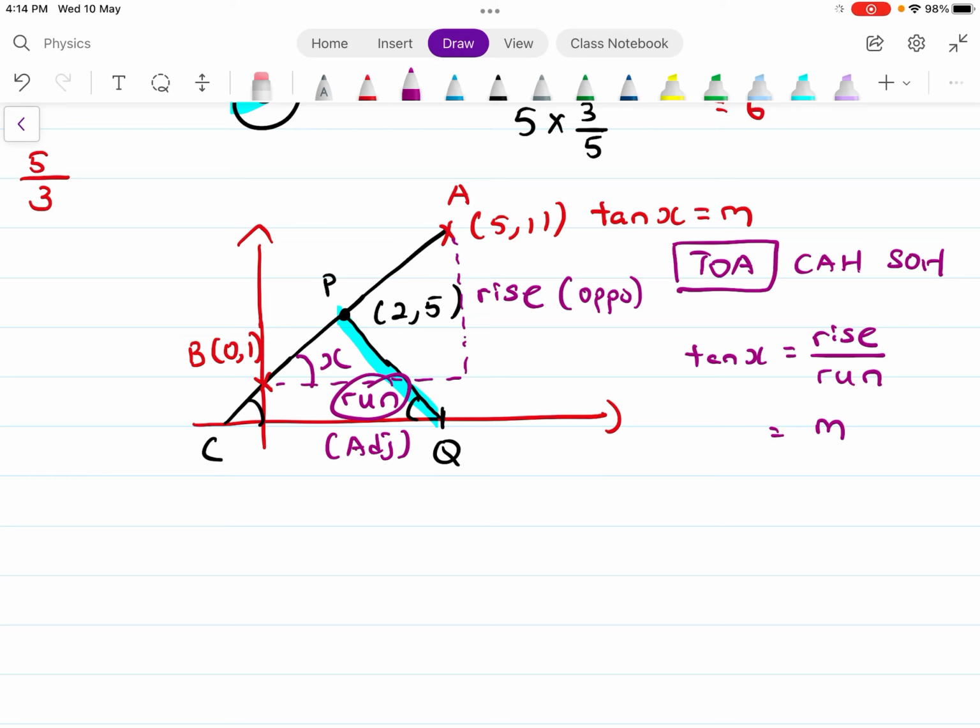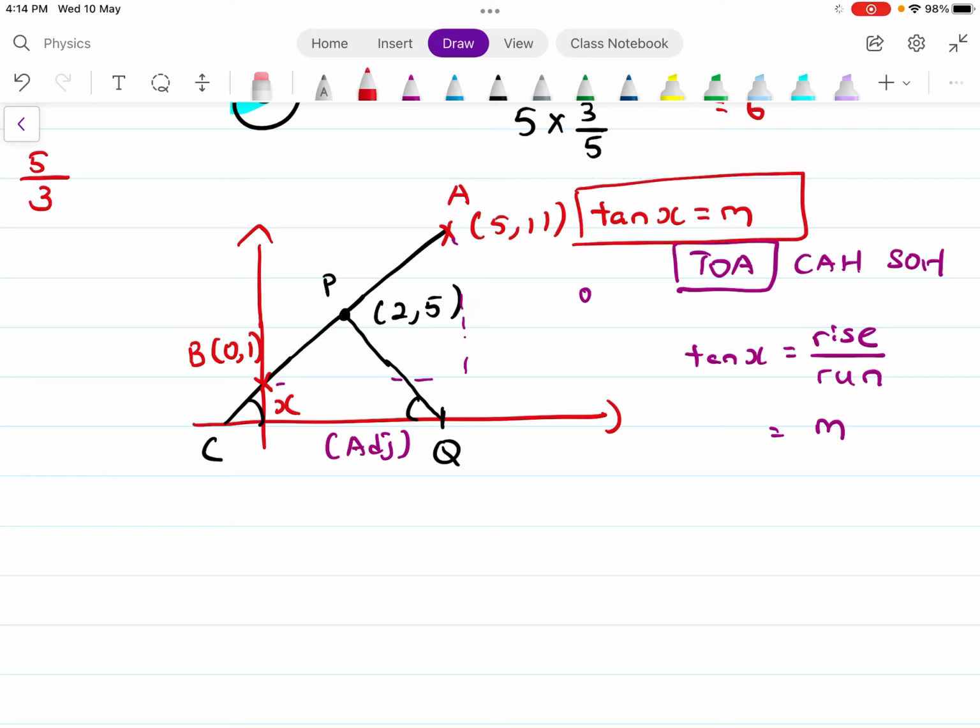Alright. Based on this concept, let's determine the gradient of PQ. I erase this first. First, we know that this is angle x. Based on this formula, tangent x is equal to gradient, so let's find our angle x first.